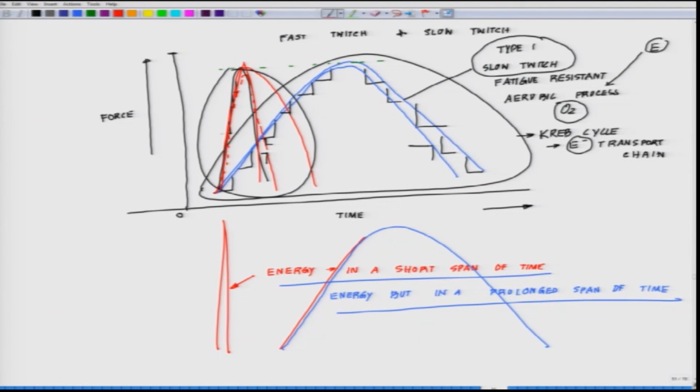Contrary to it, if you look at these ones, these are called type 2 fibers, which are fast twitch.